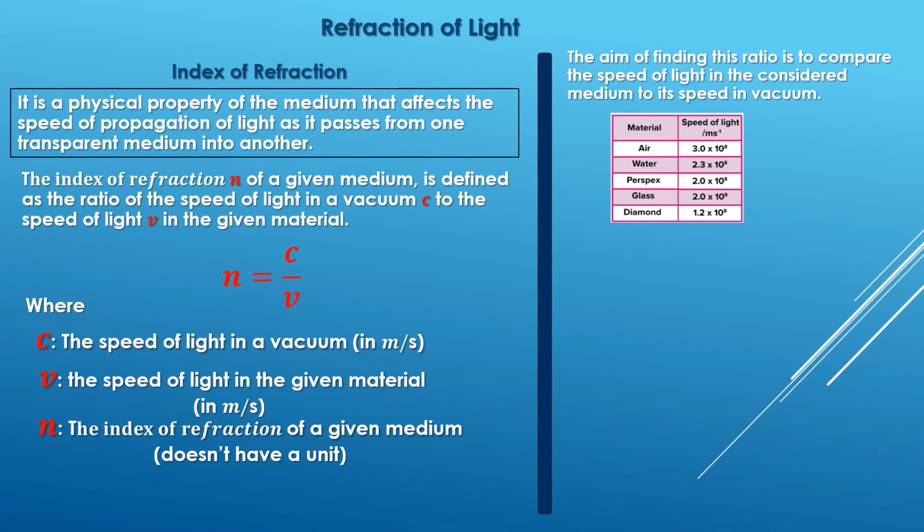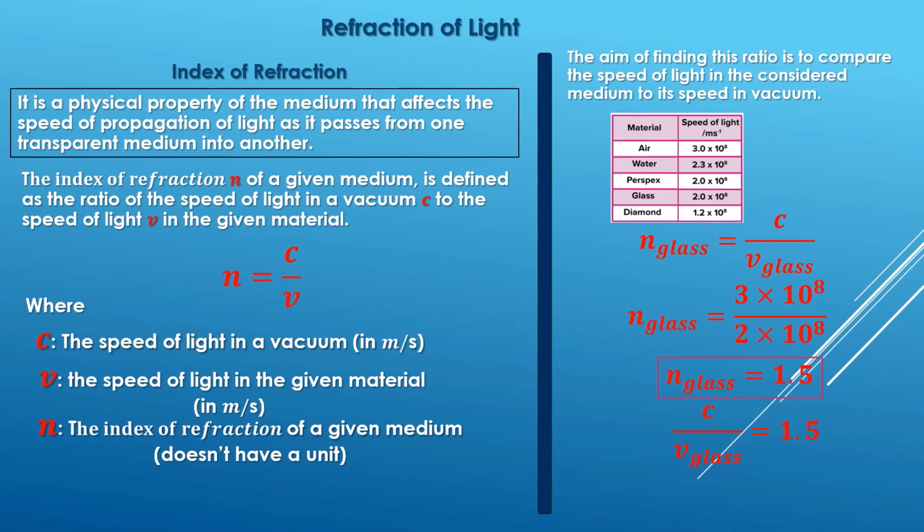Now, what if we needed to find out the index of refraction of glass? We simply apply the formula. We just calculate the ratio of the speed of light in vacuum, c, over its speed in the given medium, which is glass in this example. By substituting each term by its value, as you can see, 3 times 10 to the power 8 over 2 times 10 to the power 8, we get the index of glass, which is equal to 1.5.